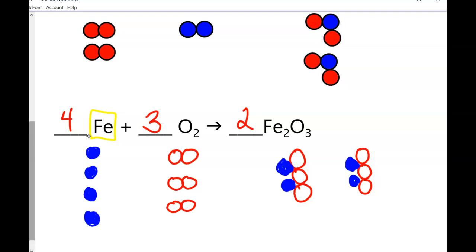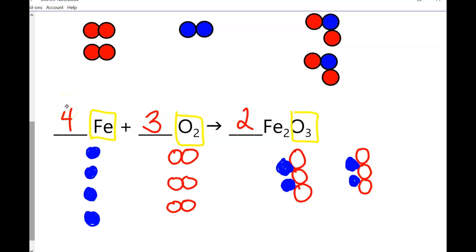I started with oxygen because I have 2 oxygens on the left side, but I have 3 oxygen atoms on the right side. So that was the one that started out the most unbalanced, and I did that one first. You can start out with iron, but you'd end up multiplying by 2, and then you'd realize you needed to multiply by 2 again in order to get up to 4 atoms.